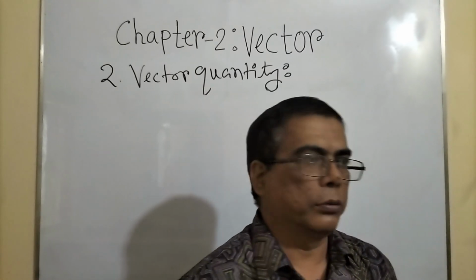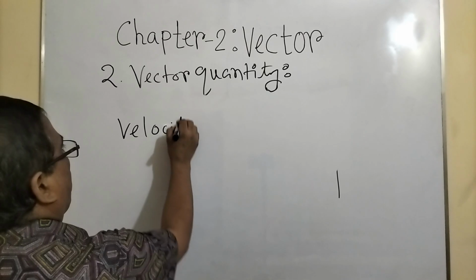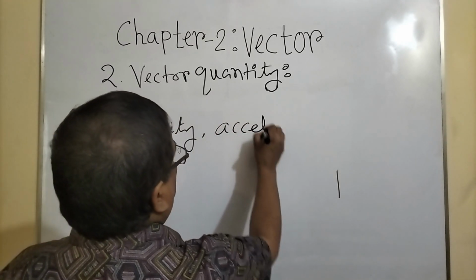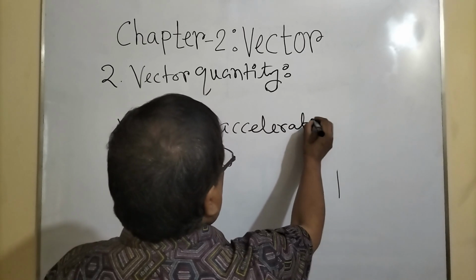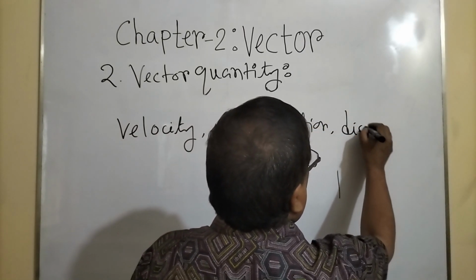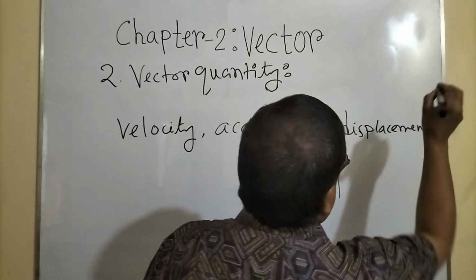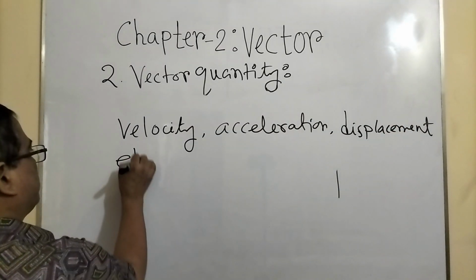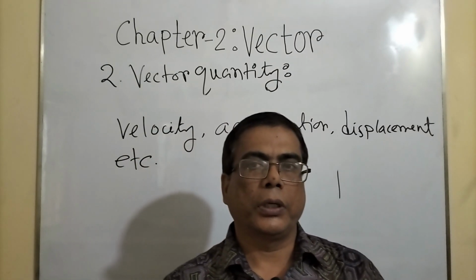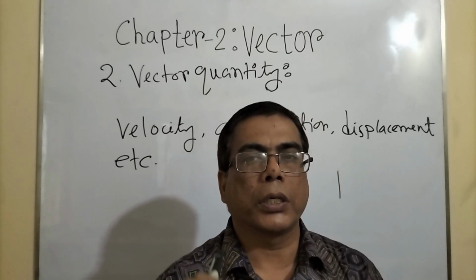For example, velocity, acceleration, displacement, etc. The vector quantity has a magnitude and one direction.